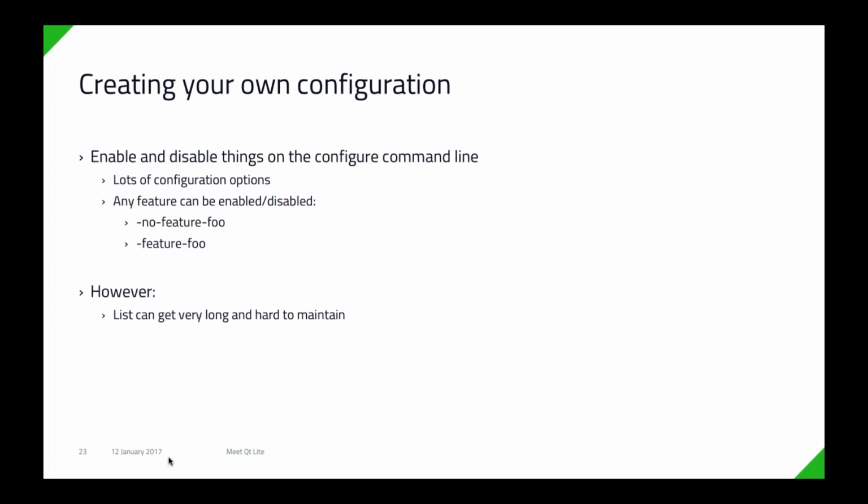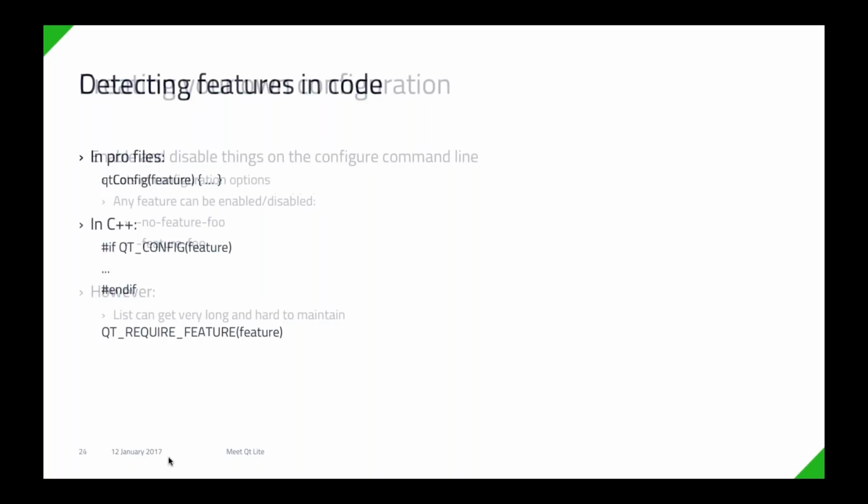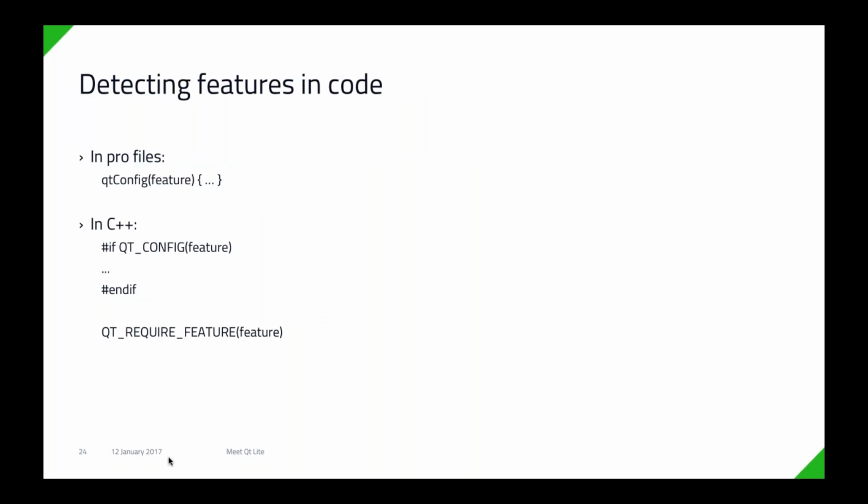But the command line can get very long, very hard to handle, and you might also easily get into combinations that are sort of mutually exclusive or incompatible with each other. So to alleviate that, as Niels mentioned earlier, we have created the configuration tool. I'll come back to that one in a minute.